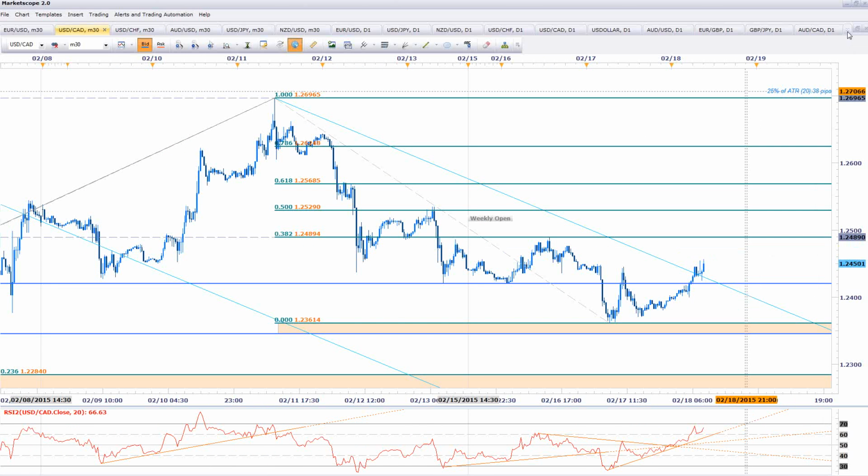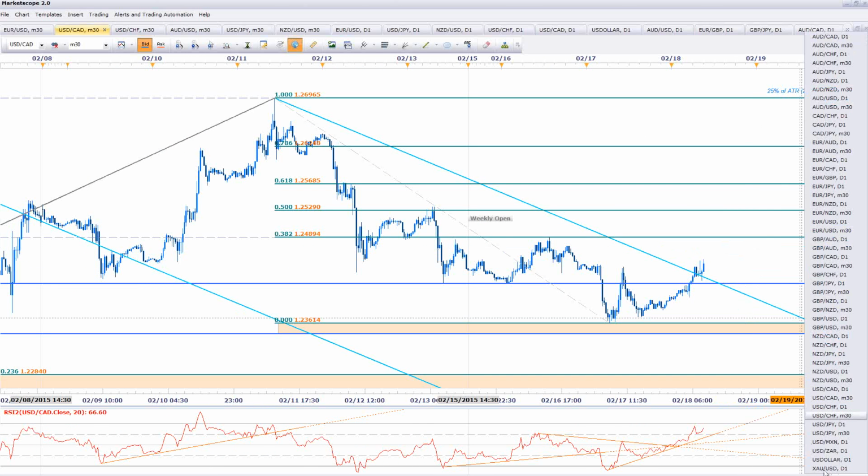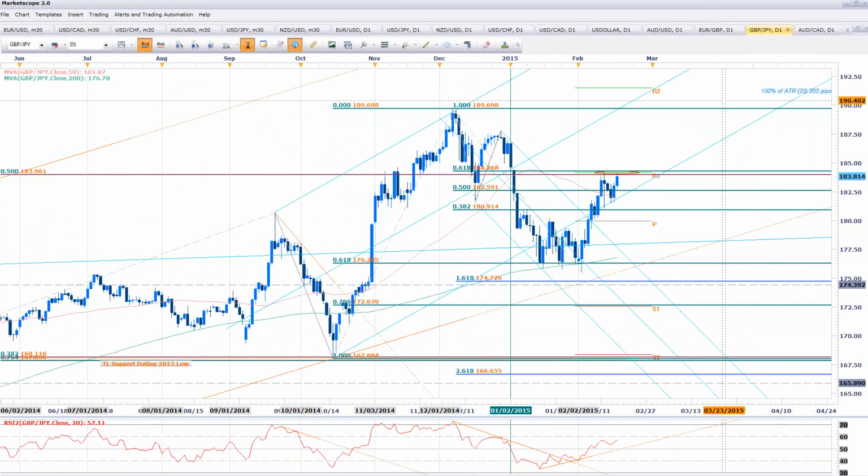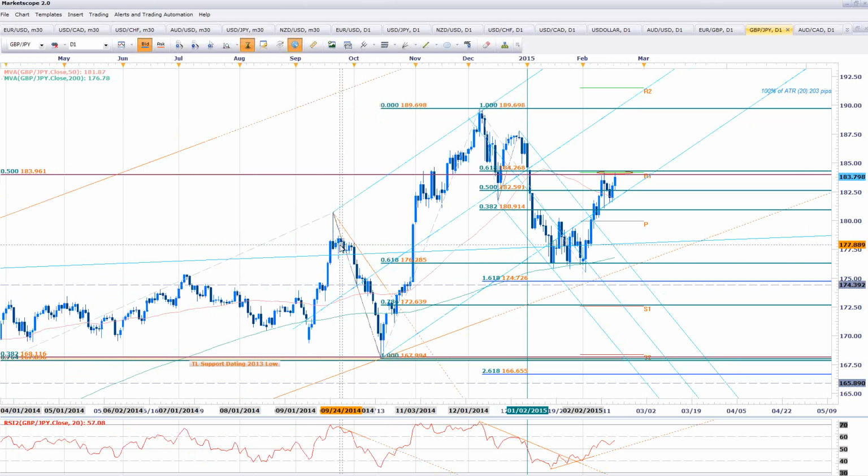Stefan, sterling yen. I've been throwing tweets out on this trade just because I haven't necessarily been involved in it myself, but I think it's setting up really nicely. The major resistance target we've been talking about since the start of the month is basically 83.96 into 84.20. You have the R1 monthly pivot right here.